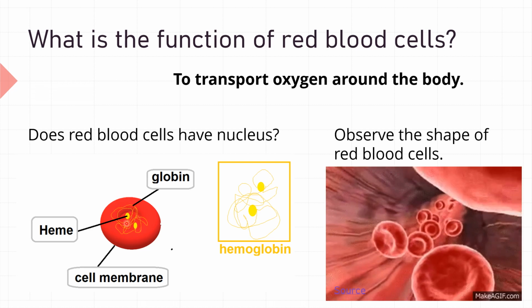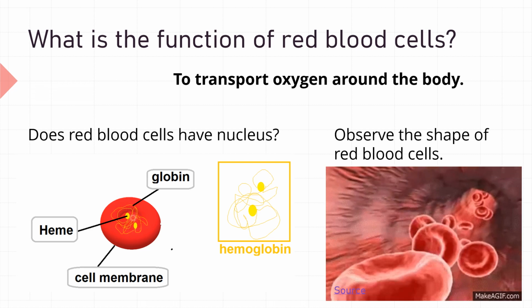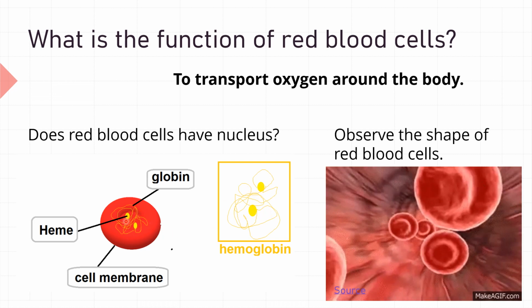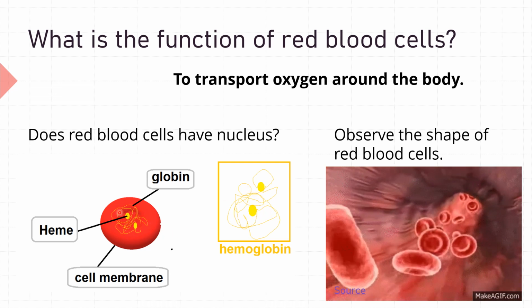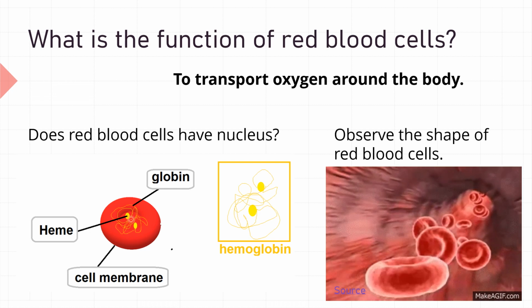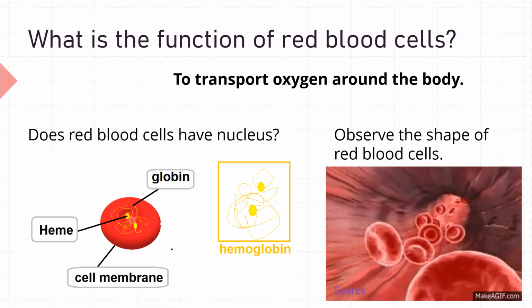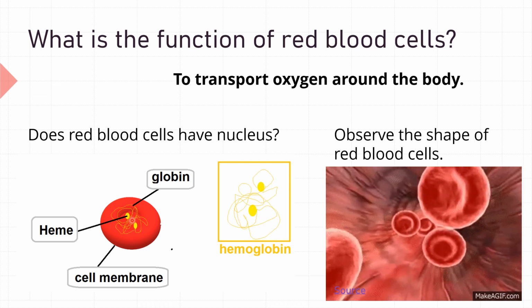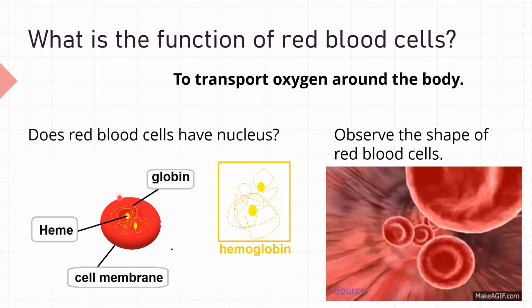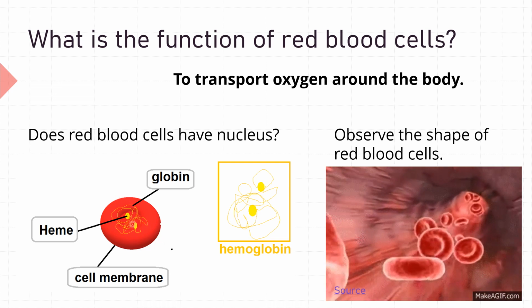It's not only that. If you notice, inside of the red blood cell is this hemoglobin. There is no nucleus inside of the red blood cell, which is quite specific, because when we talked about different cells and different cell organelles, we mentioned that the human body has a nucleus in its cells. But the red blood cell is a specific one.